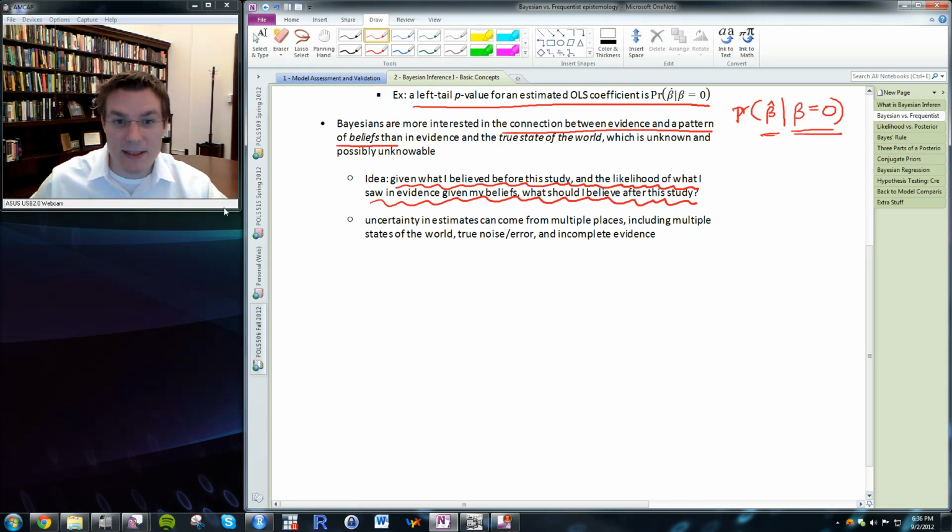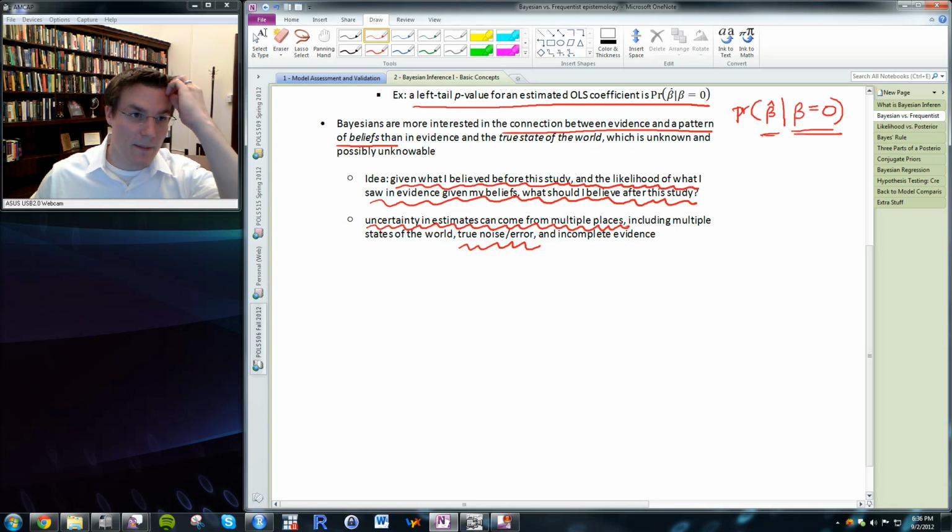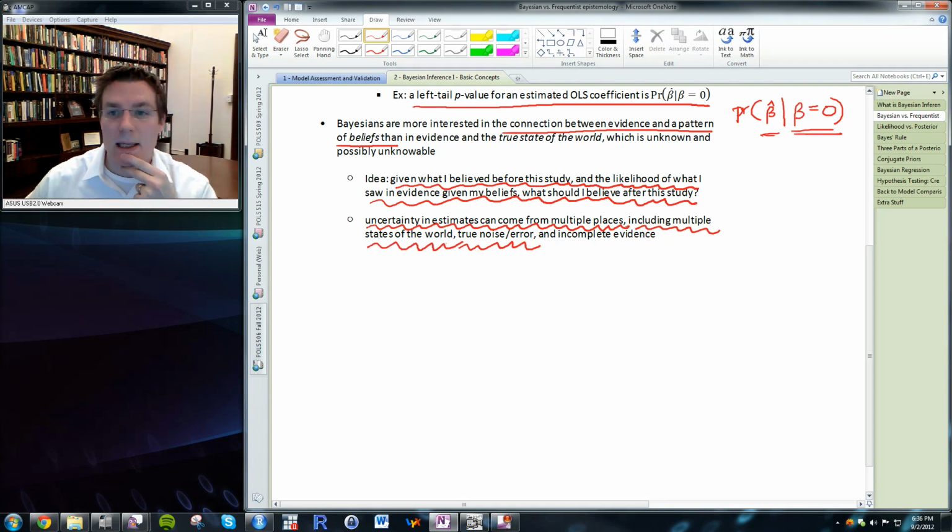And like frequentists, Bayesians believe in uncertainty in their estimates, and they believe that comes from noise in the data-generating process. But there are other sources of noise. For example, it may be the case that there are multiple states of the world, multiple models operating at the same time that are either exclusive or non-exclusive.